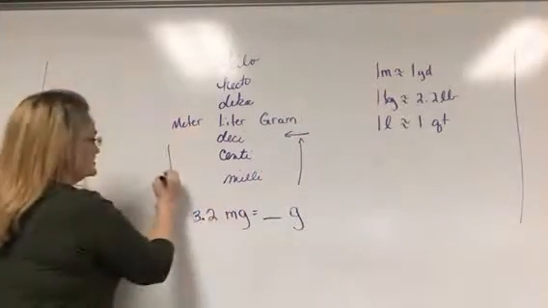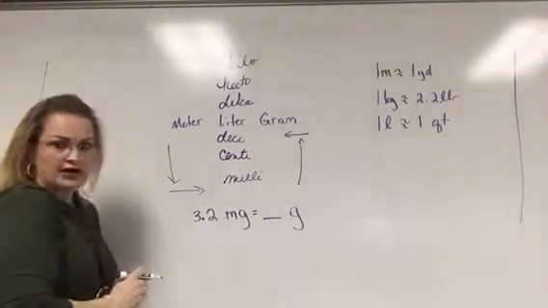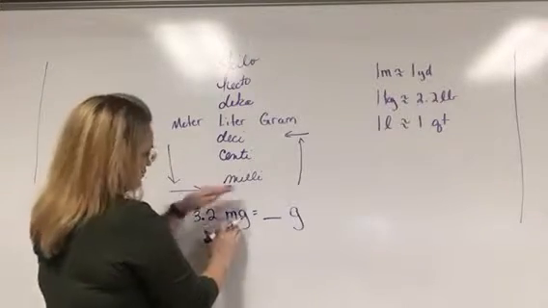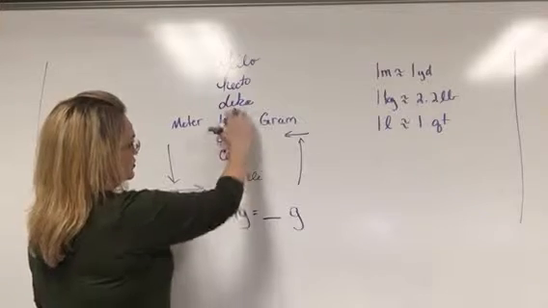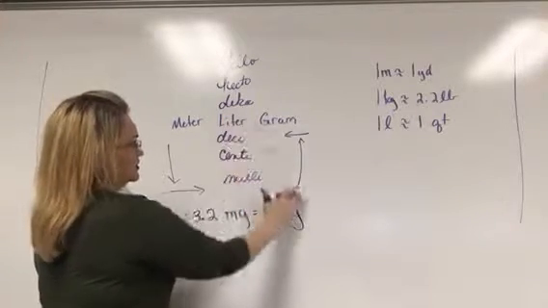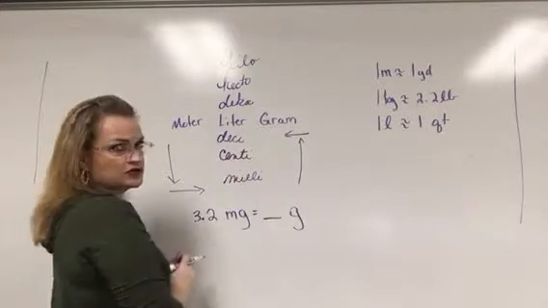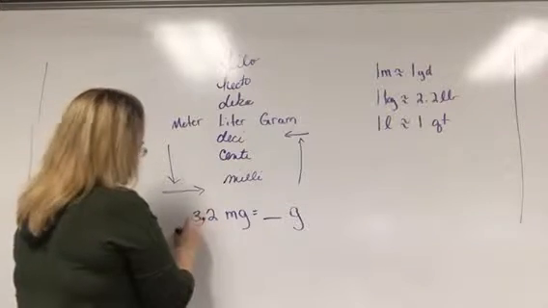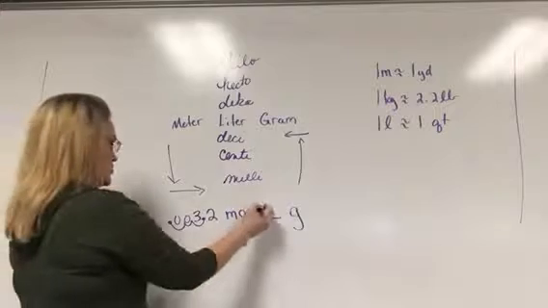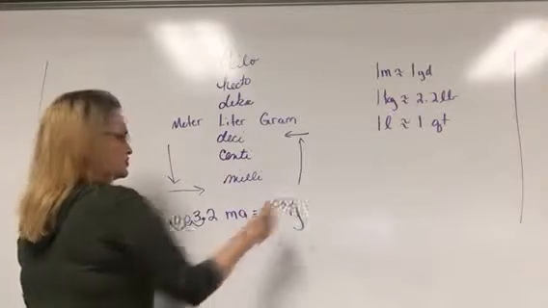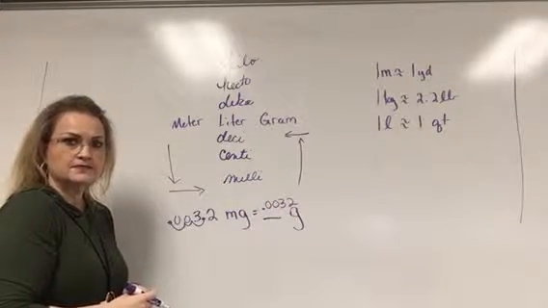If I'm going down the scale, I move my decimal to the right. So to go from milli up to just base gram is 1, 2, 3 moves up. Going up moves my decimal to the left that many places. So 1, 2, 3, fill those in with zeros. 0.0032 would be your answer for that.